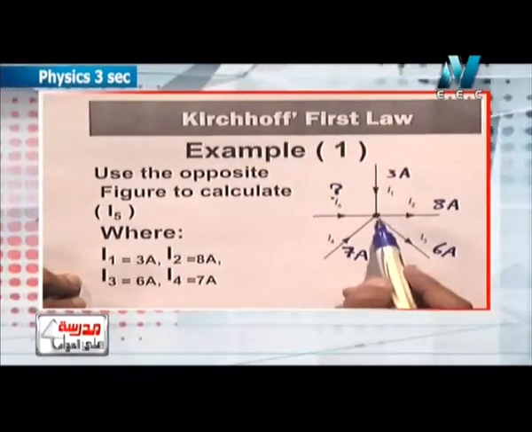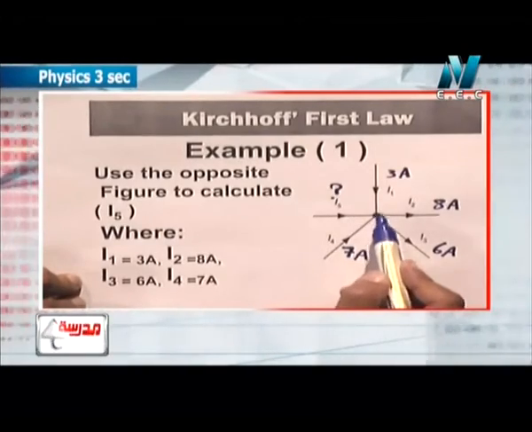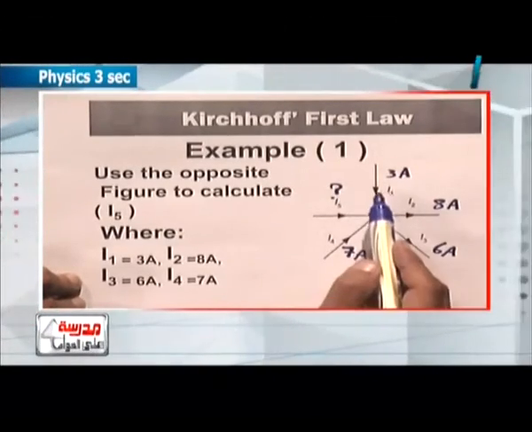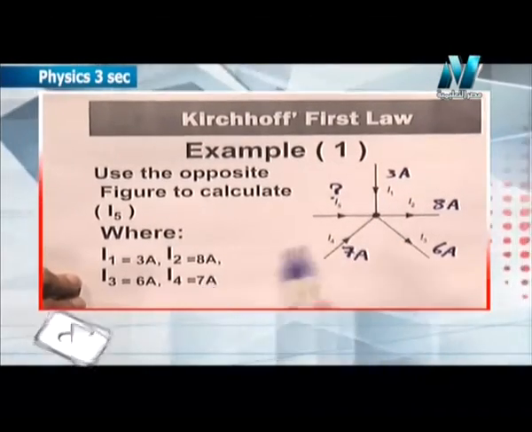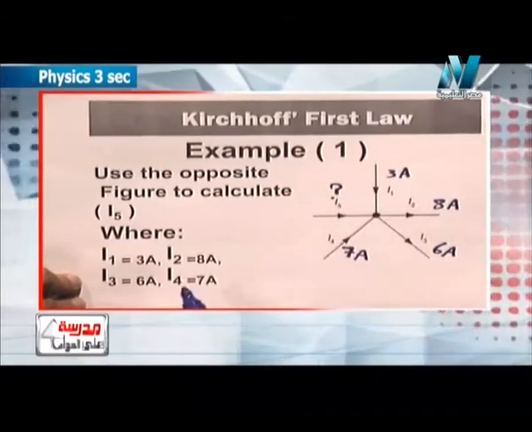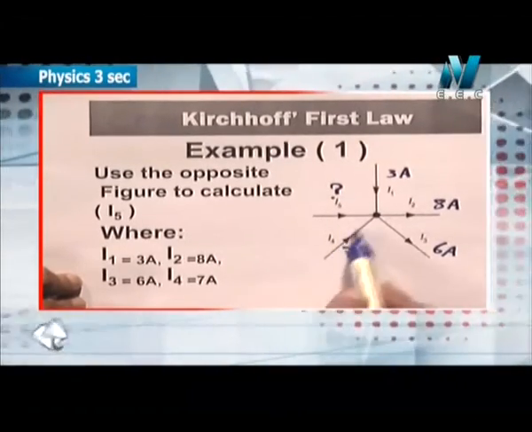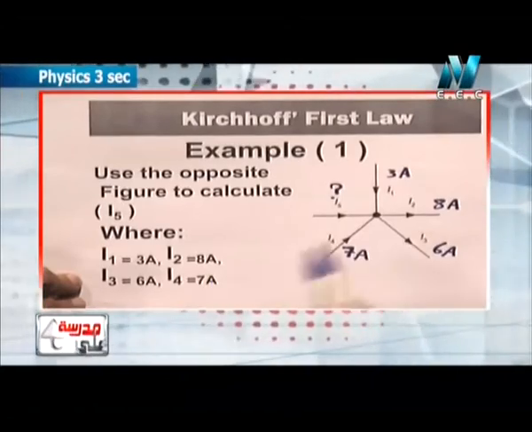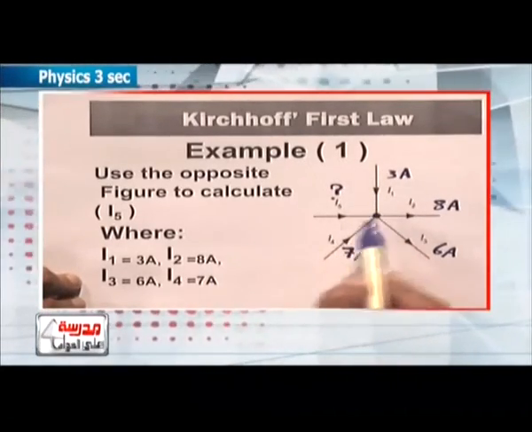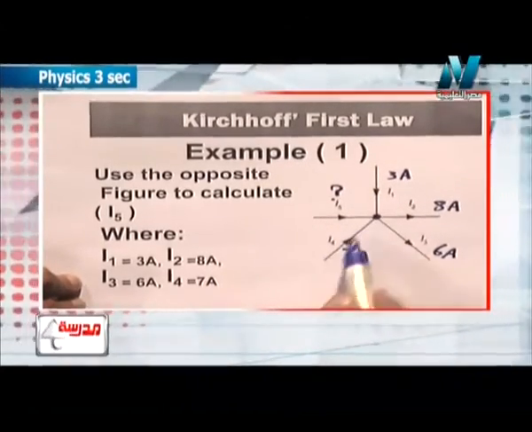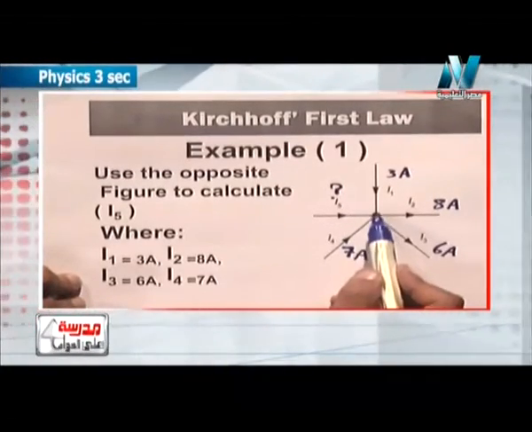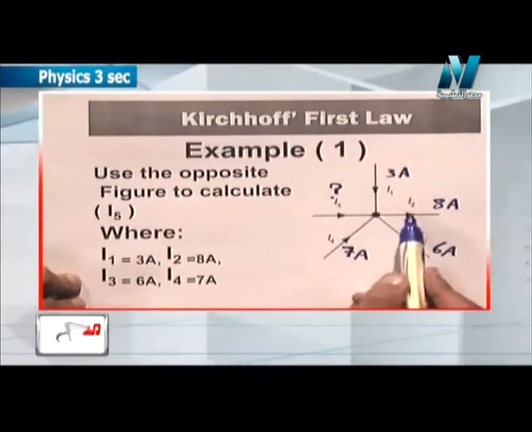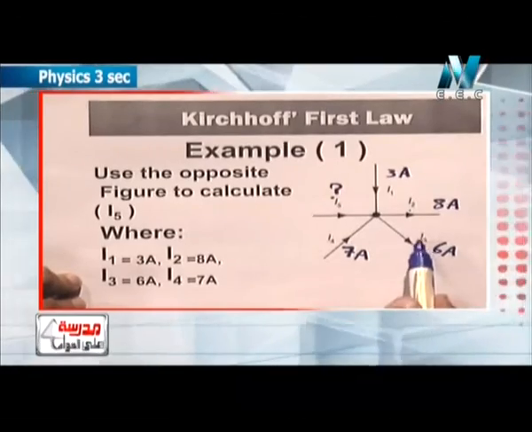Okay, let's indicate that at that node I1, I5 and I4 enter, while I2 and I3 leave outside from the node.